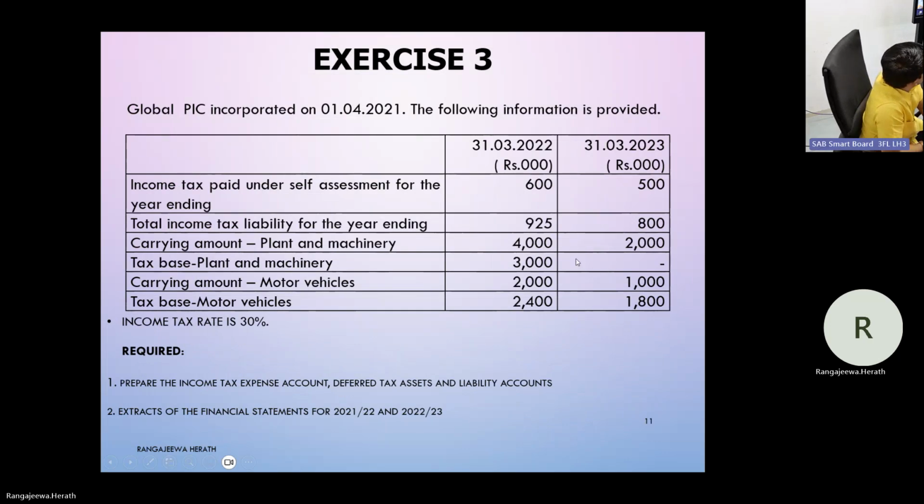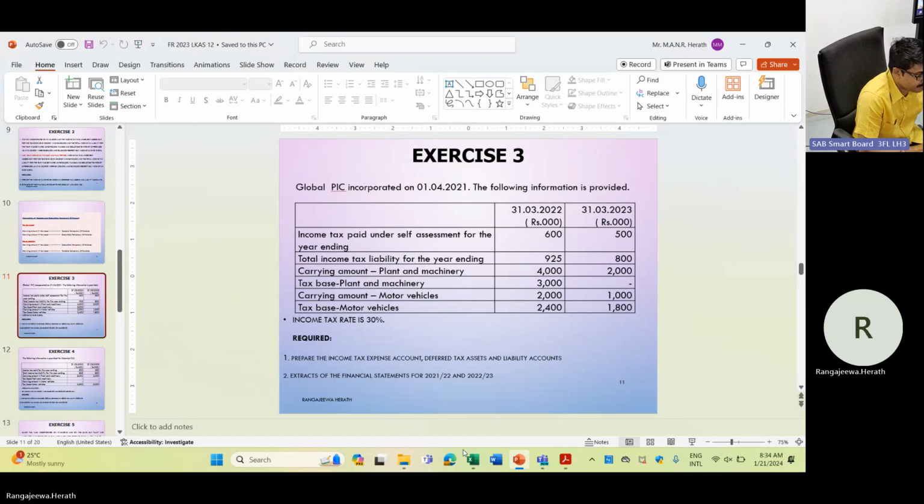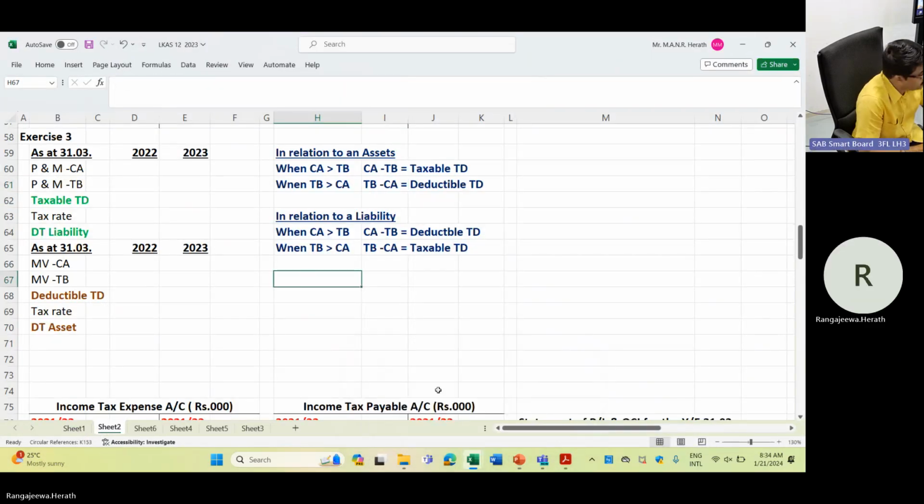In the second year, the carrying amount is 2 million and the tax base is 0. Now we first calculate by comparing the carrying amount and tax base. If I take plant and machinery first, we can find the difference.